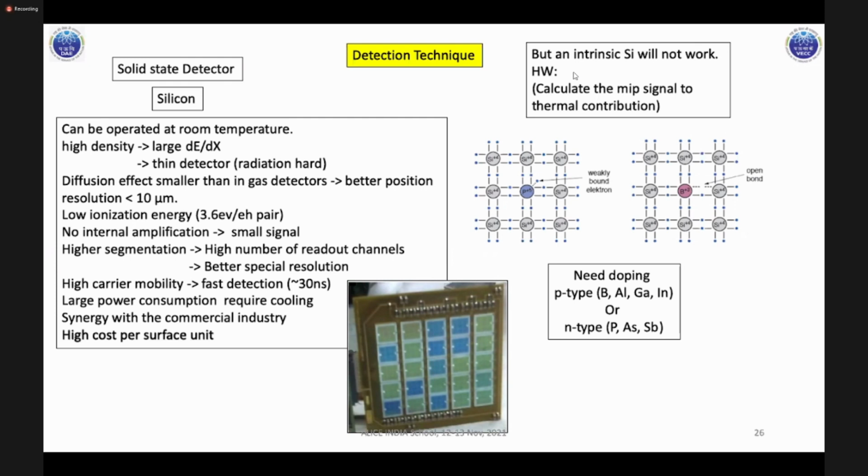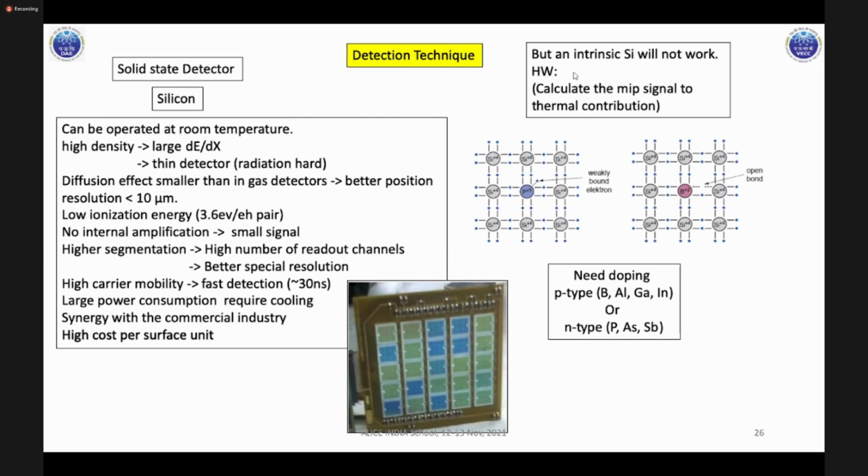If it is a pure semiconductor, then what you need to do is dope some other material. For example, it could be p-type or n-type. The p-type dopants are boron, aluminum, gallium, indium, etc. And for n-type, these are phosphorus, arsenic, and so on. What will happen if you add some n-type impurities to this semiconductor?